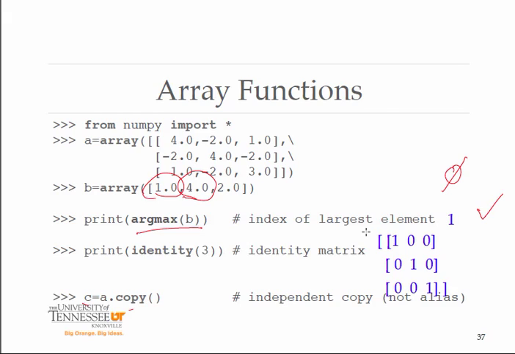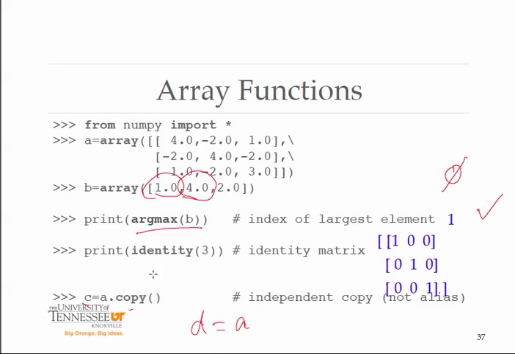Last thing to remember is the difference between alias and copying. If you had a statement something like D equals A, where we've created this 3x3 matrix with the array function from NumPy, if you set D equal to A, you're just getting an alias for A. In other words, whatever manipulations you do to D would be the same thing as doing it to A. That's just an alias pointing to the same memory.